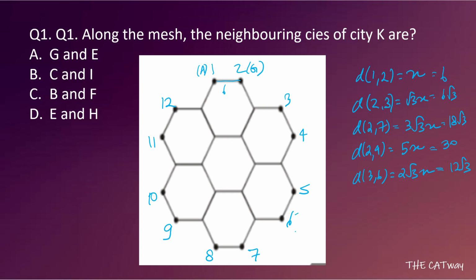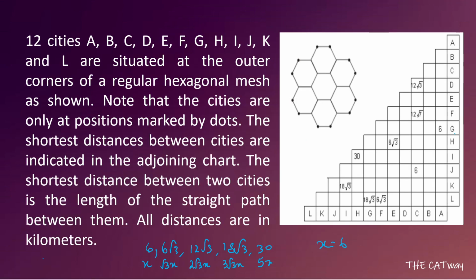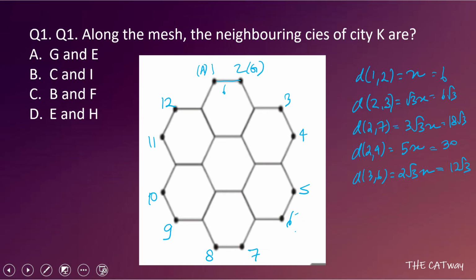Now we also know the distance between G and L, which is given here as 18 root 3. We know that 18 root 3 is the distance between 2 and 7. So we can give 7 as L.